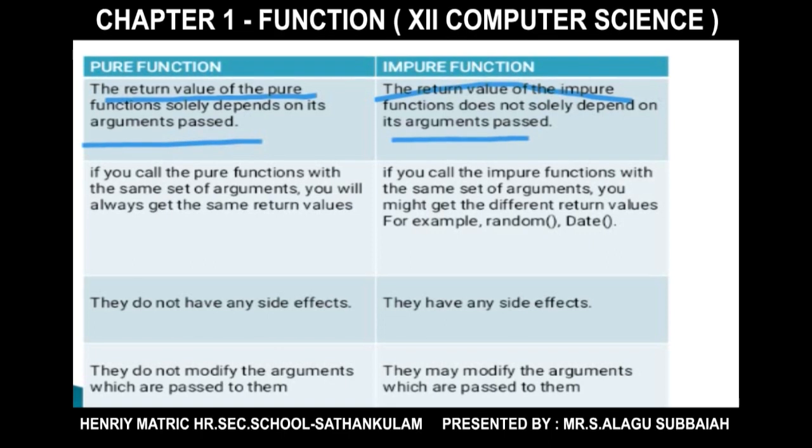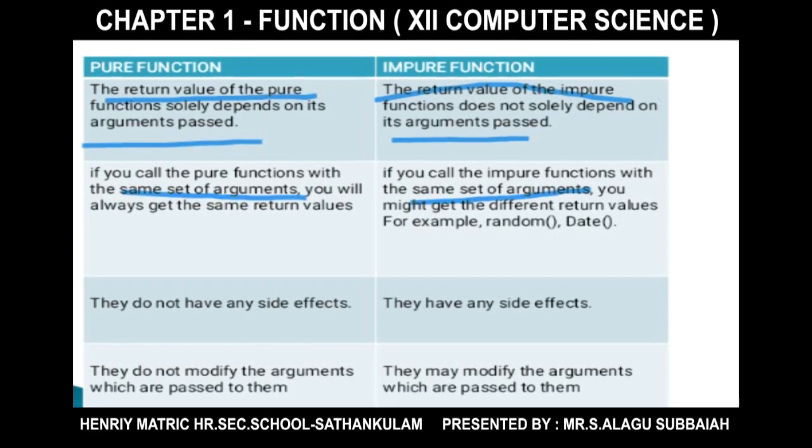If we pass the same set of arguments into a pure function, it will return the exact same result. But in the case of impure functions, if you pass the same set of arguments, the function may not give the same value. That's why it's called impure functions.